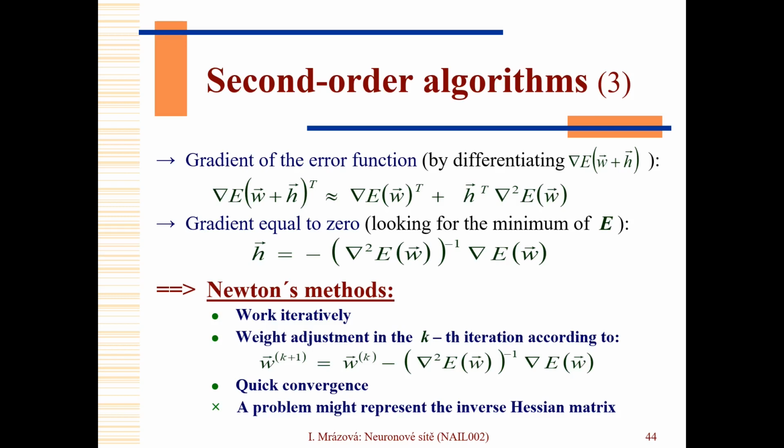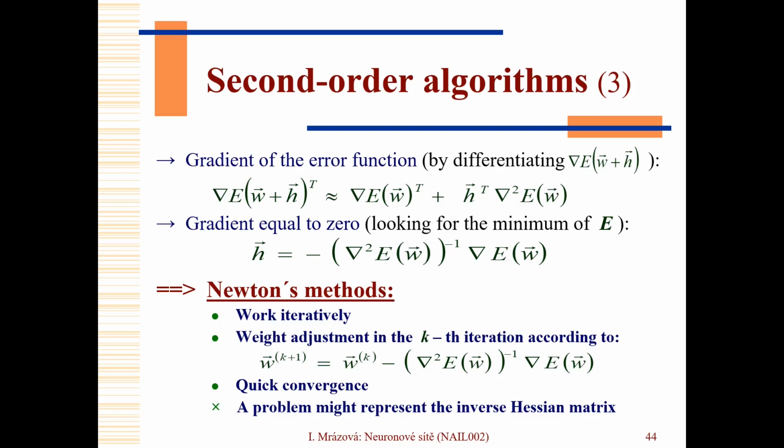Because this is often a too strong assumption, we may use, to find the right point, the optimum, by taking just one step h, the so-called Newton's methods. These methods work iteratively, and the weight adjustment in the kth iteration is performed according to the step we showed in the first half of this slide.